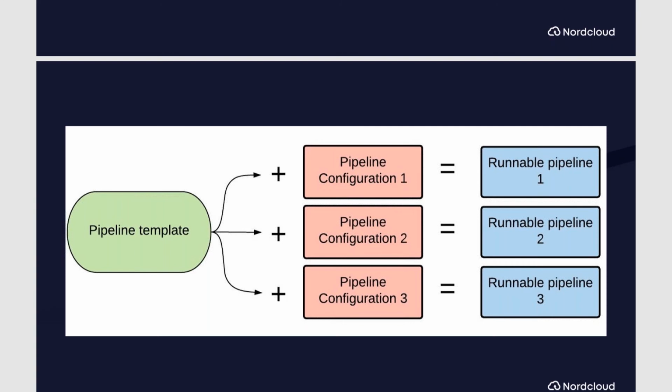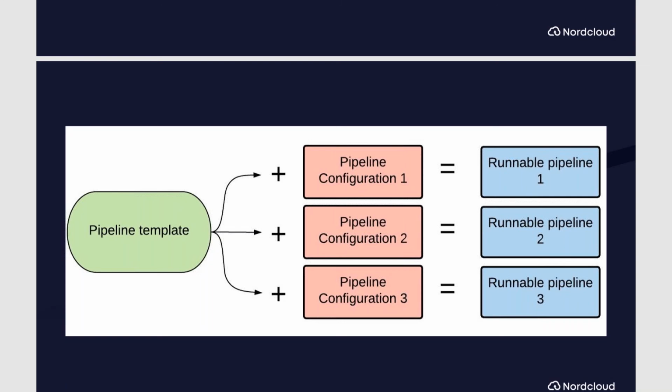Let's look at this high-level picture of how the pipeline templates and pipeline configurations work. What you code in YAML is actually the pipeline template, and then you create separate pipeline configurations. The logic behind this is that you can create one generic pipeline template and use that for many applications and many pipelines, so you don't have to duplicate any code.